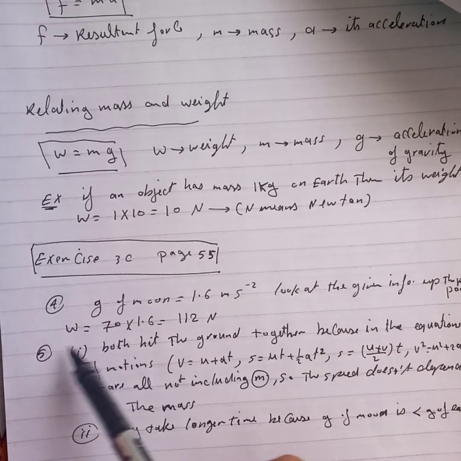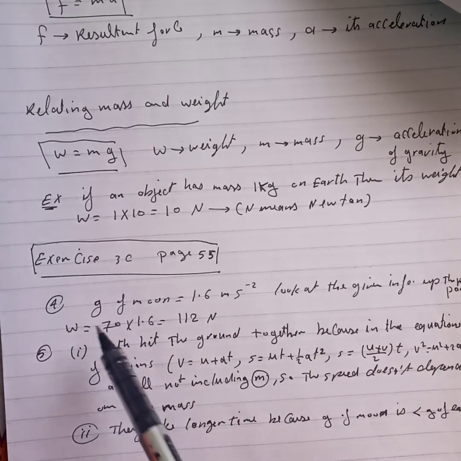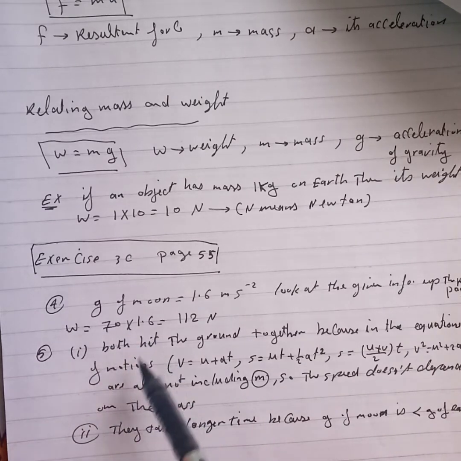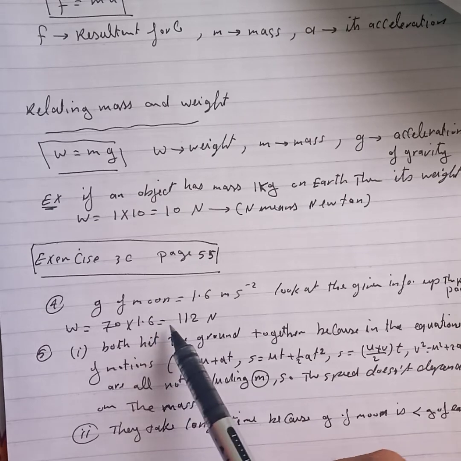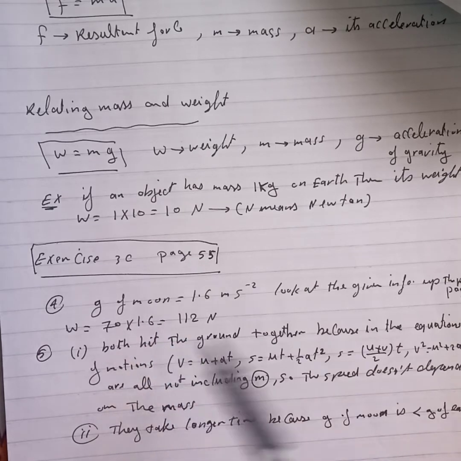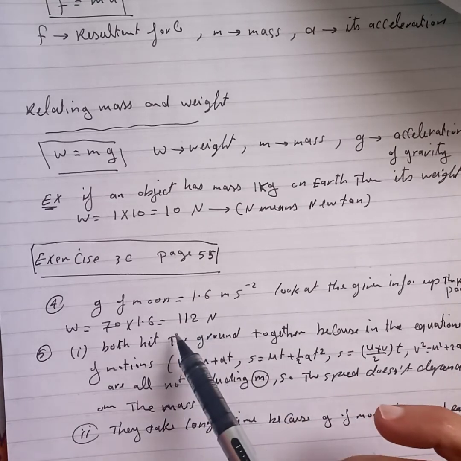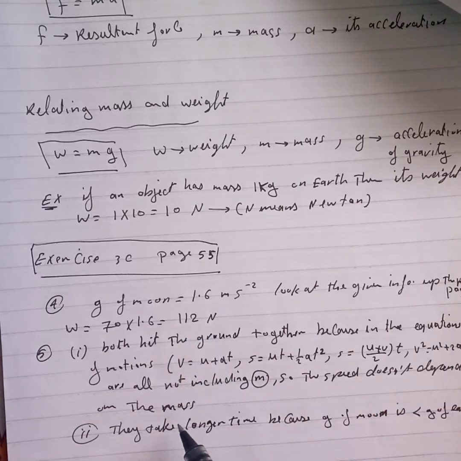So it is asking about the weight, and the weight equals mg. The g of the moon is 1.6, and you can get this information from the top of the page, where there is an indication of the g of the moon, which is 1.6. So its weight on the moon will be 112.